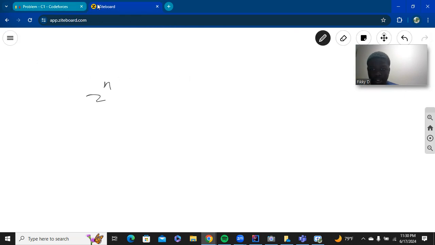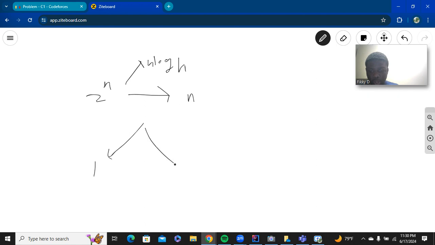So what this implies, though, is that if we can convert a 2 to the n solution to an O of n solution, or even an n log n solution, then in our recursive tree, when we have decisions, we can either go option 1 or option 2, and we're making all these decisions.